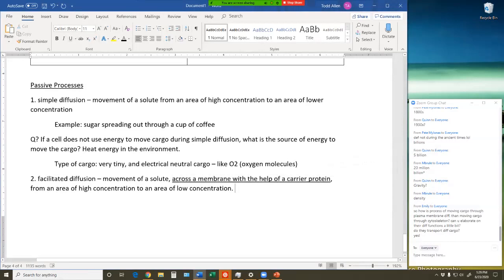You can see that on page 48, figure 3.8, okay? Figure 3.8 is showing you that. Anybody out there in the virtual world, what is the color of the carrier proteins in figure 3.8?